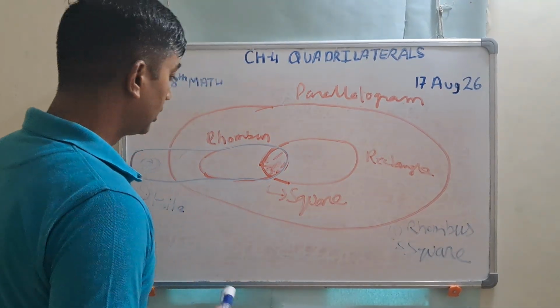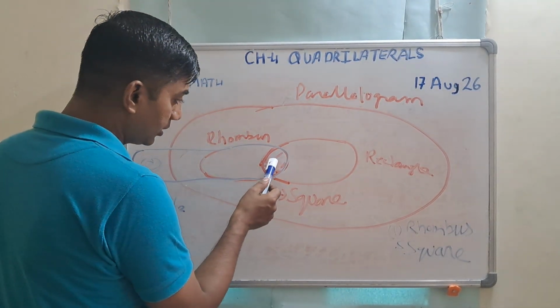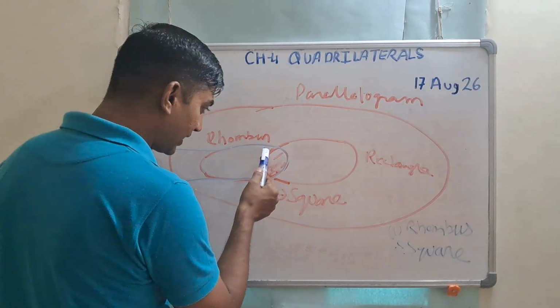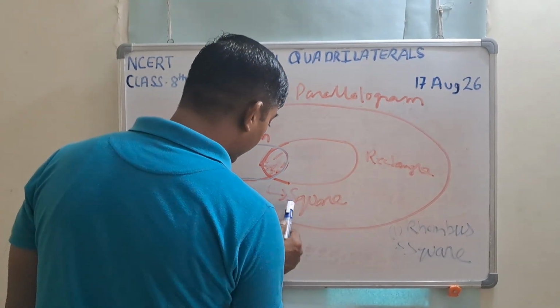Yes, we can see in this diagram. This is a rectangle and this is a kite also. But what is this actually? This is a square.